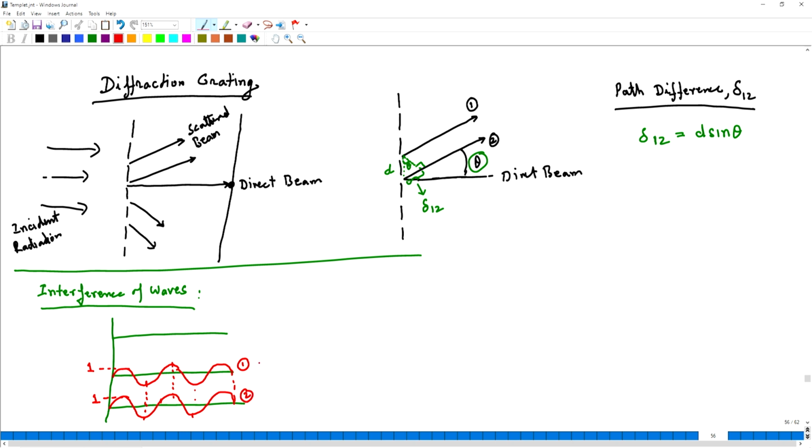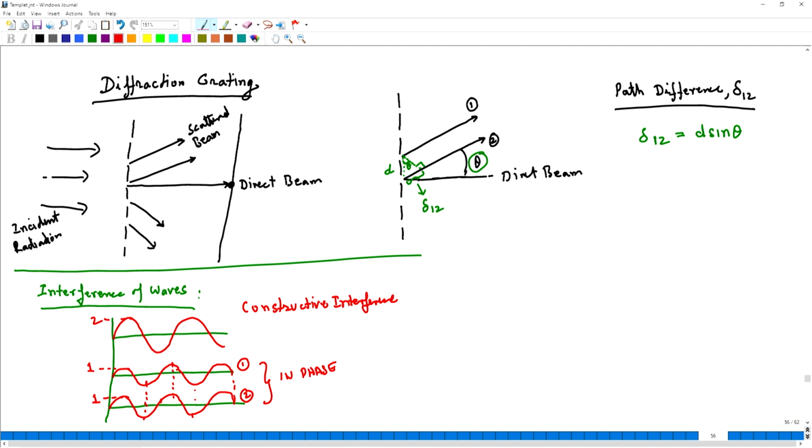Such a situation we call that these two waves are in phase, and essentially the path difference is 0. If I add these two rays together, they will get amplified to an amplitude of 2. So, here what we describe is constructive interference, and we will get a finite intensity in this case.